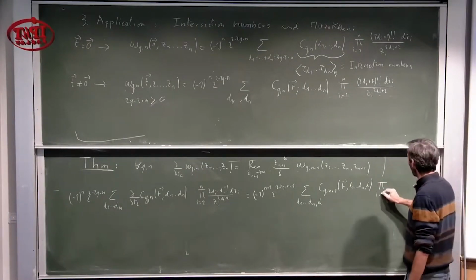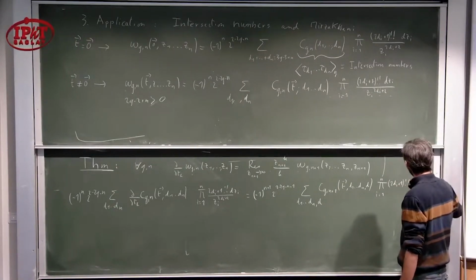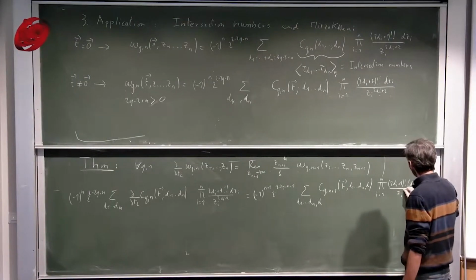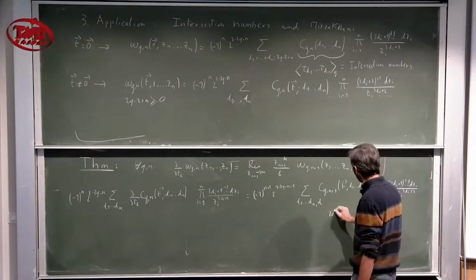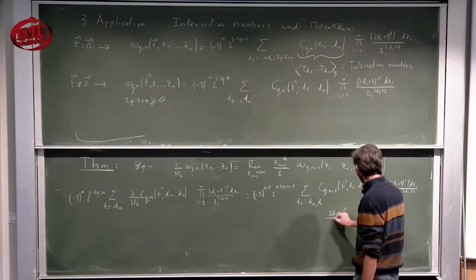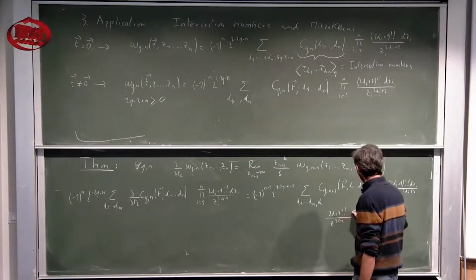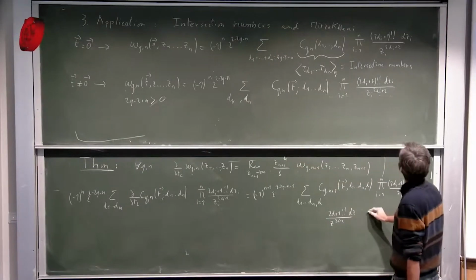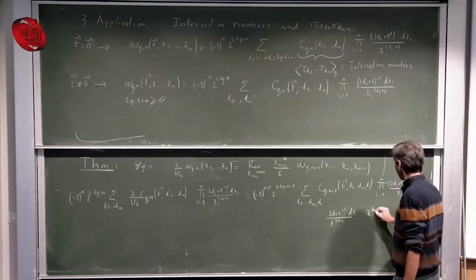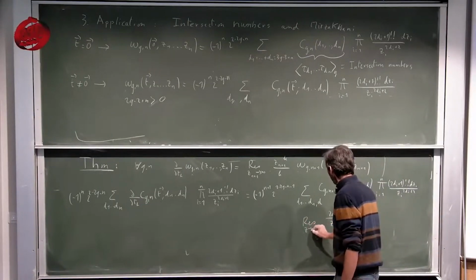Product from i equals 1 to n of (2di plus 1) over factorial, zi to the 2di plus 2. And let me multiply again by (2d plus 1) double factorial, z to the 2d plus 2, dz, and I multiply by z to the k over k. And I take the residue, and z goes to infinity.